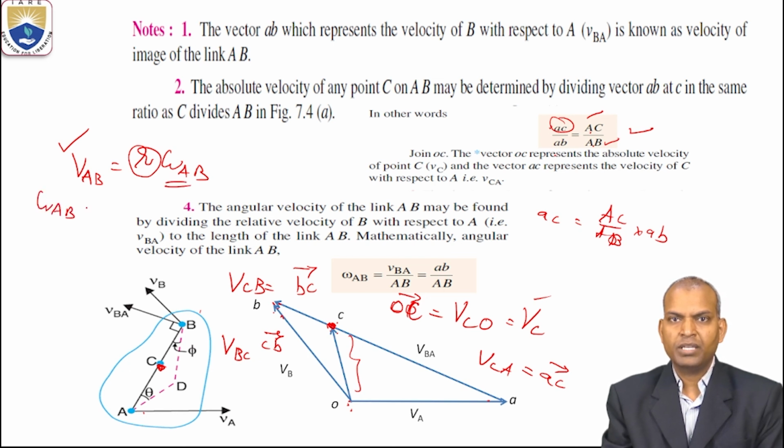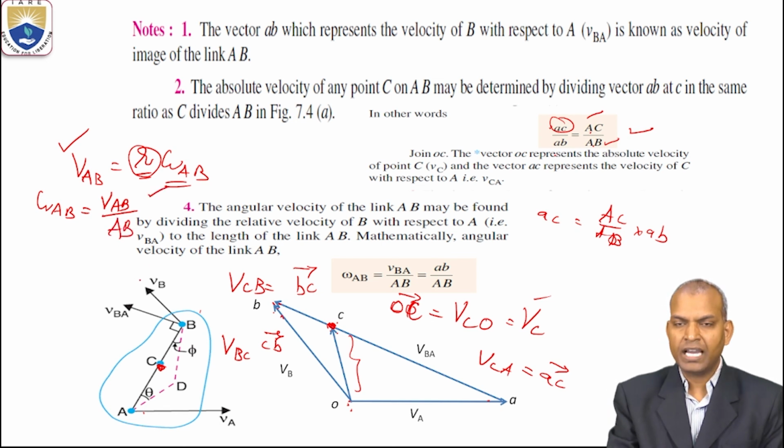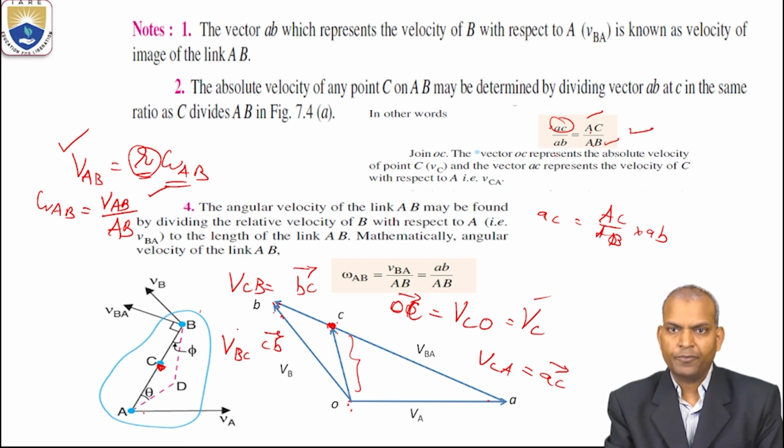Omega AB equals the relative velocity of A with respect to B or B with respect to A, VAB, divided by R, which is the length of the link AB. Thus we find the angular velocity of A with respect to B or of B with respect to A.